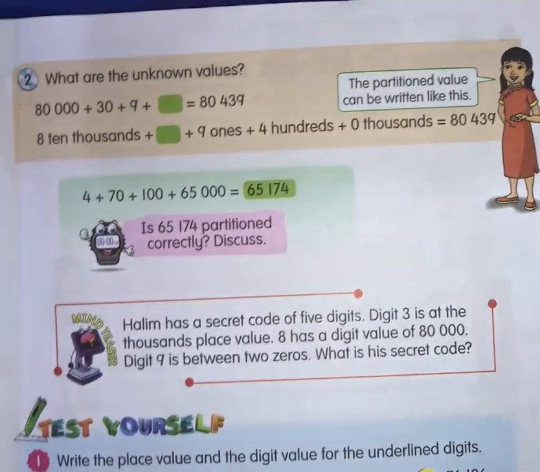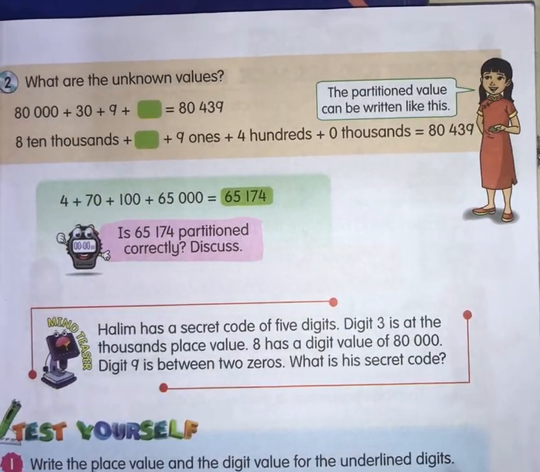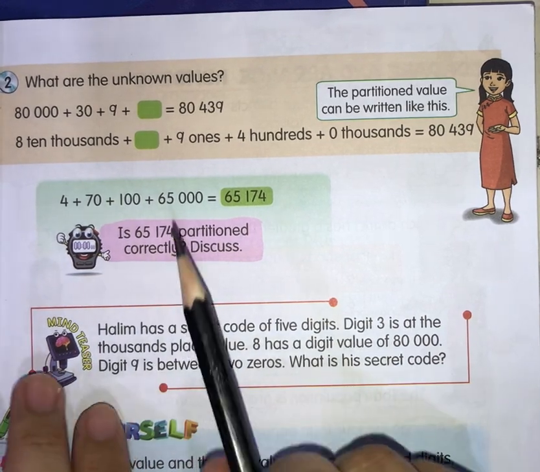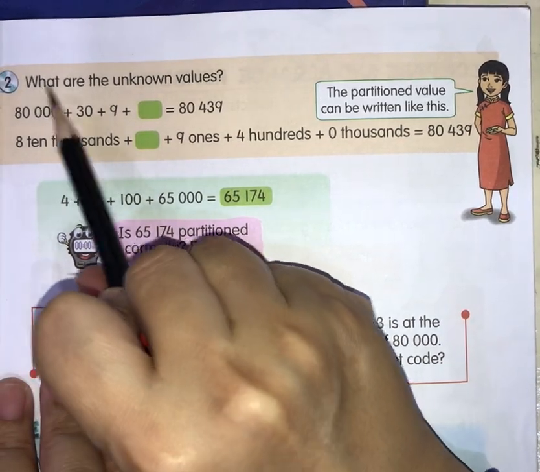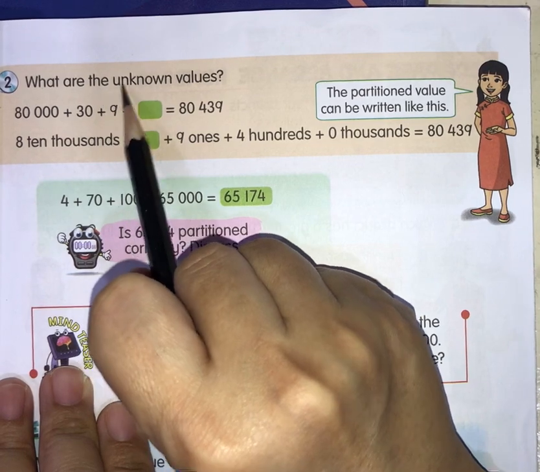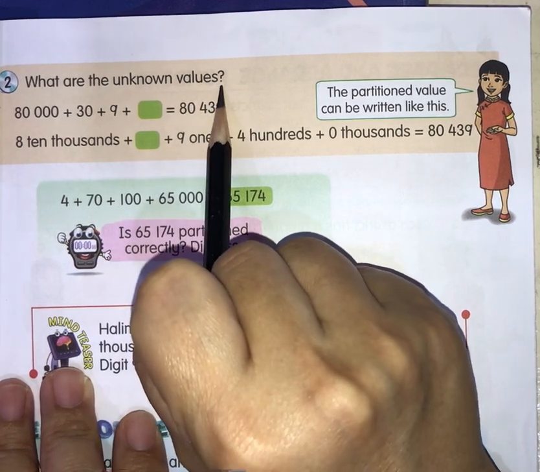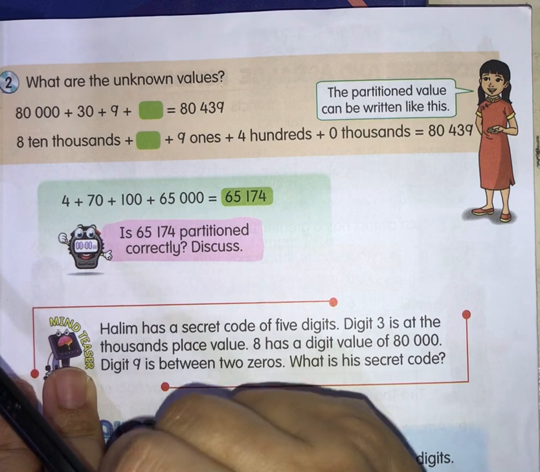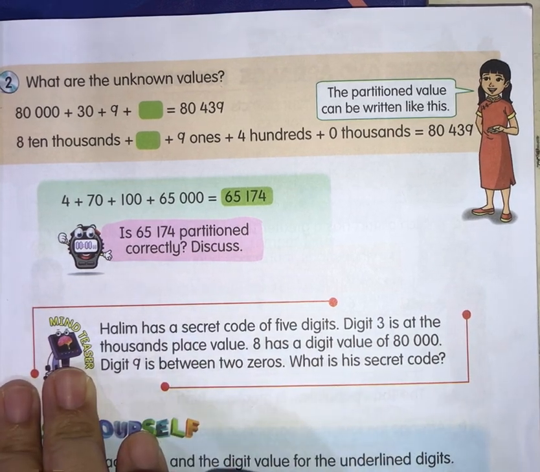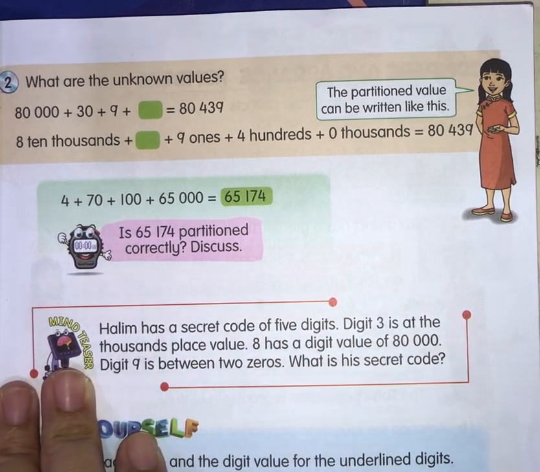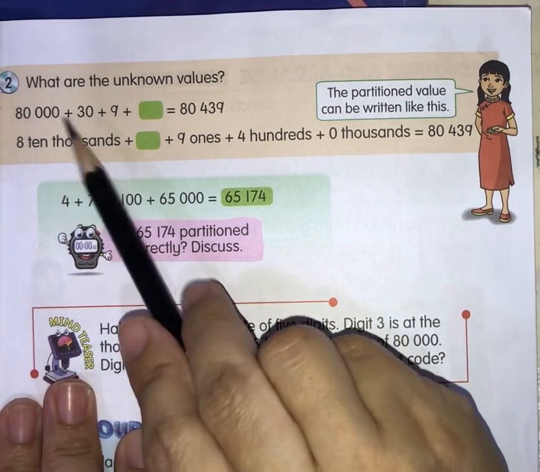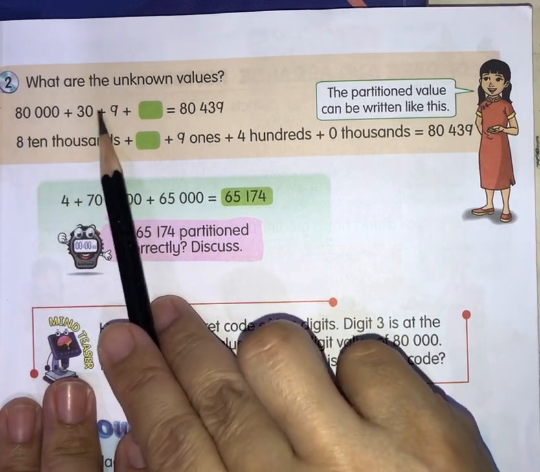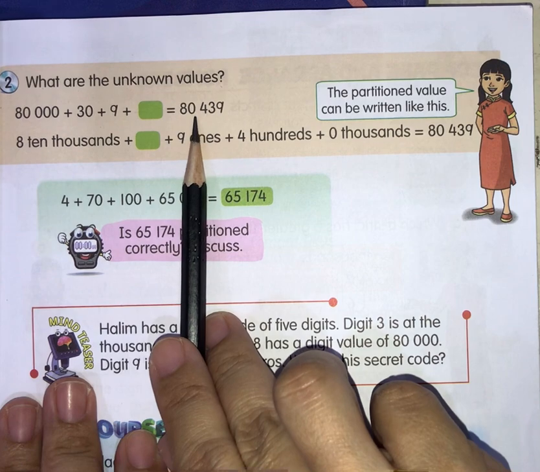Example 2 here. Let's look at this. What are the unknown values? What is unknown? Unknown is the number that you don't know, right? So look at the number that is given to you.